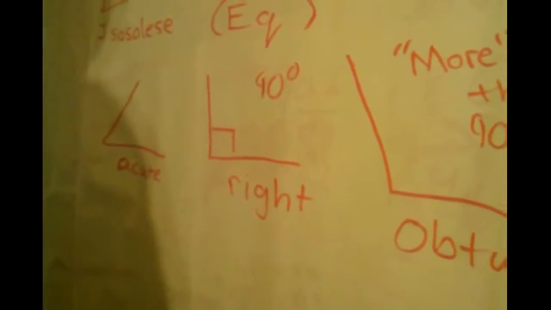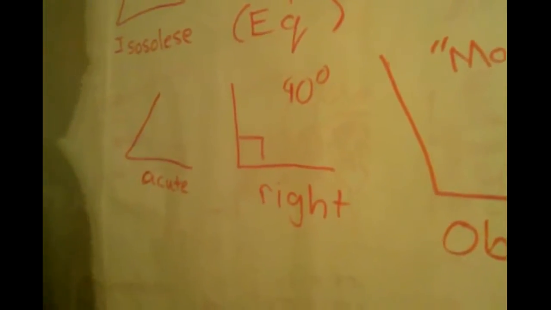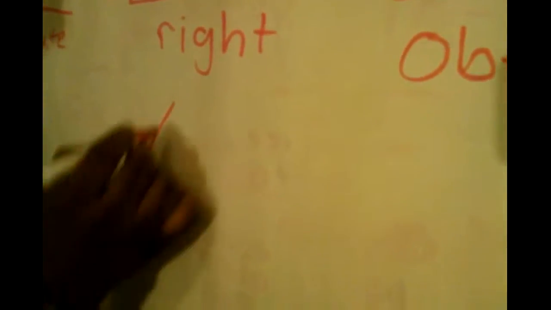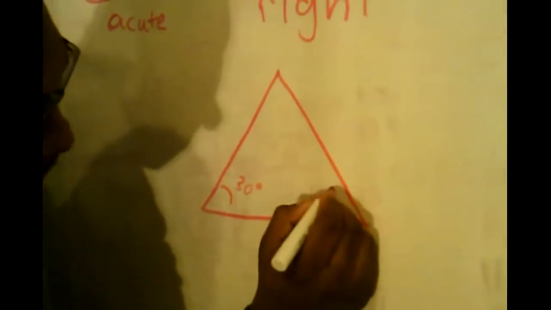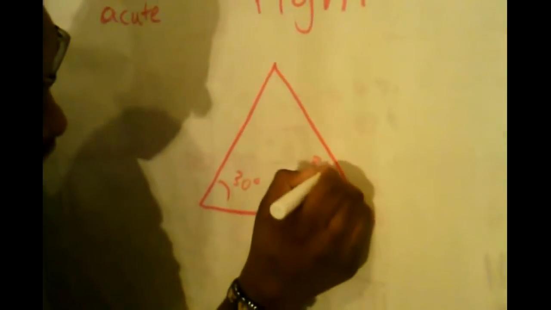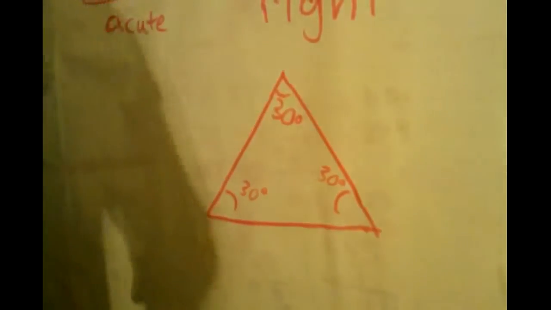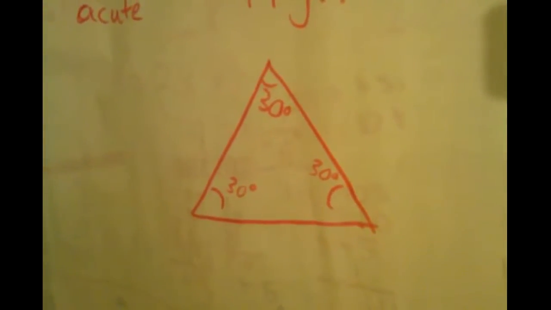Let me see, how can we start? We're going to start off with some practice triangles. Now, may I have a volunteer?